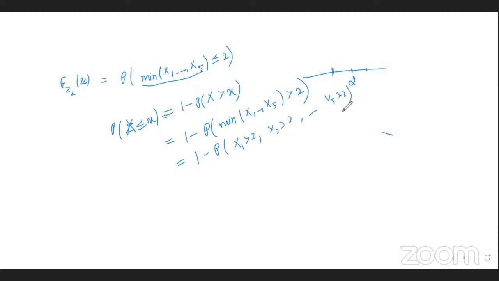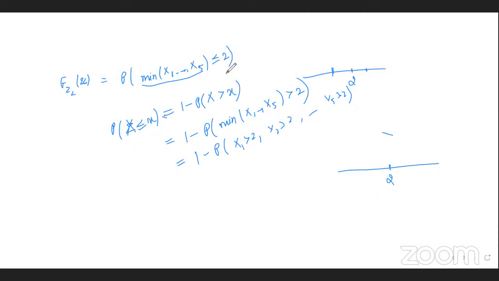Sorry, ma'am, I am not getting why every value will be greater than 2. See, in the first case, let's say I'm saying the minimum of X1 to X5 is less than or equal to 2.